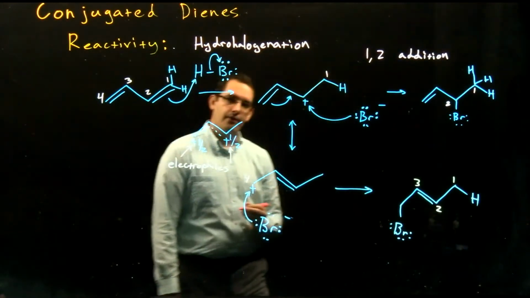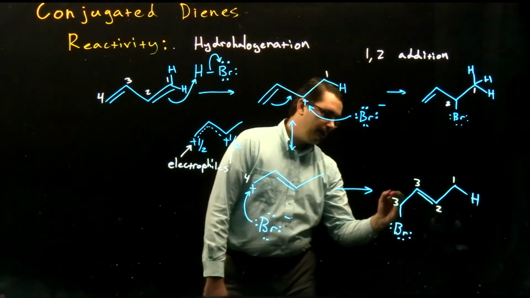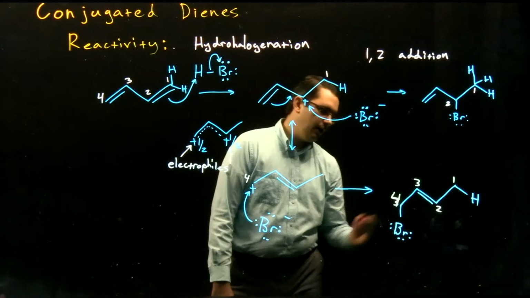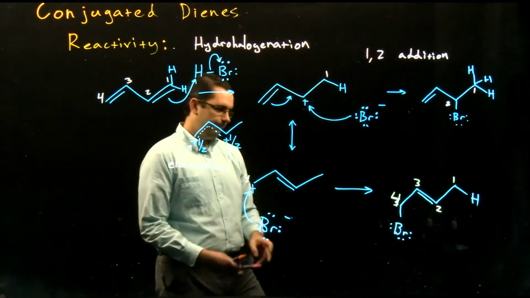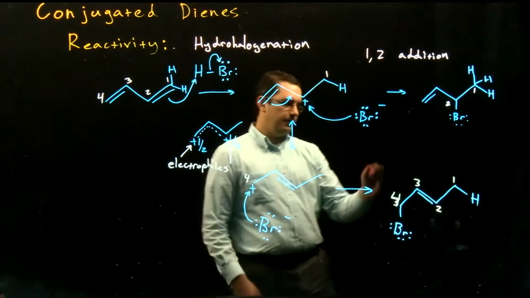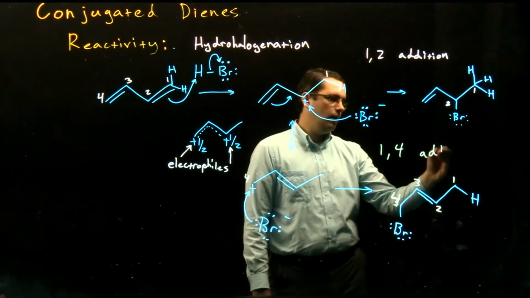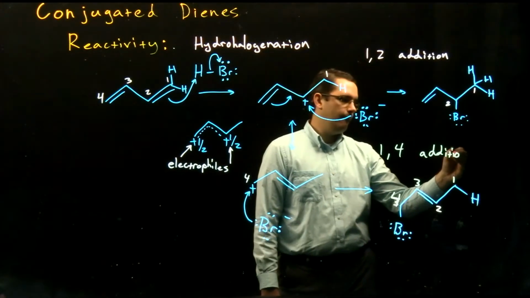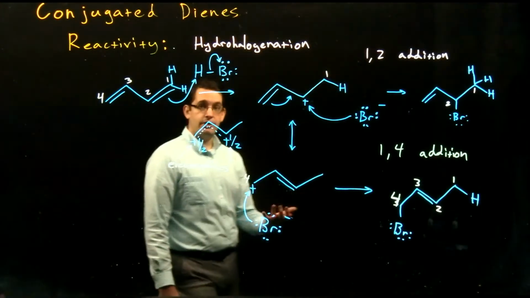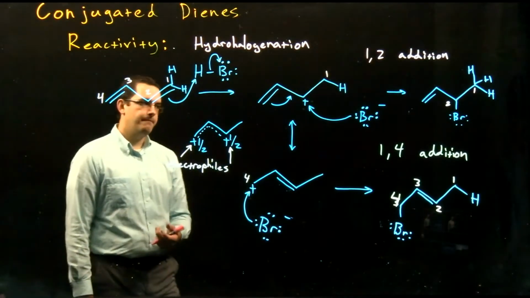Our double bond is now in the middle at the second and third carbons. And our bromine here is at the end on our fourth carbon. So in this case, this would be a 1,4 addition, right? Because we added our hydrogen to the first carbon and our bromine to the fourth carbon.